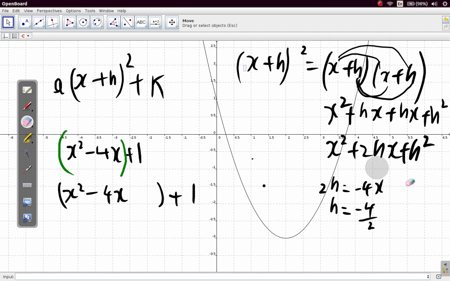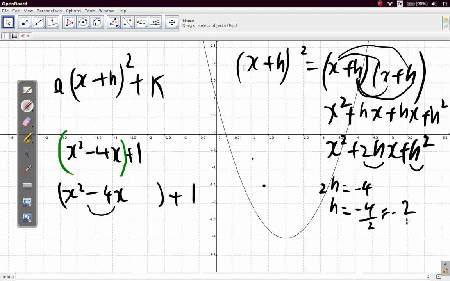So let me say that part again. Here, 2h is the same as negative 4, because x squared minus 4x is the same as x squared plus negative 4x. 2h equals negative 4, so h is negative 4 over 2, which is negative 2.